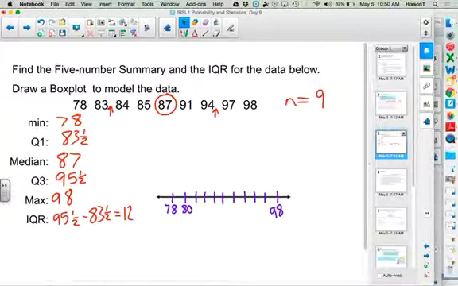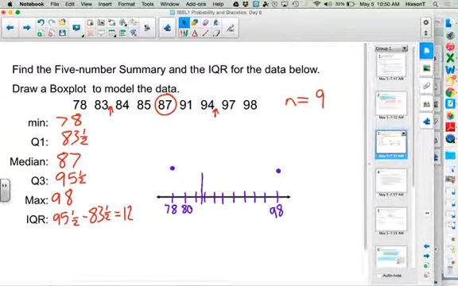So there's going to be our box plot. And since this is the min, I'll put a point here. There's my min. Here's my max. My first quartile is at 83 and a half, so here's 82, 84, so it's just to the left.